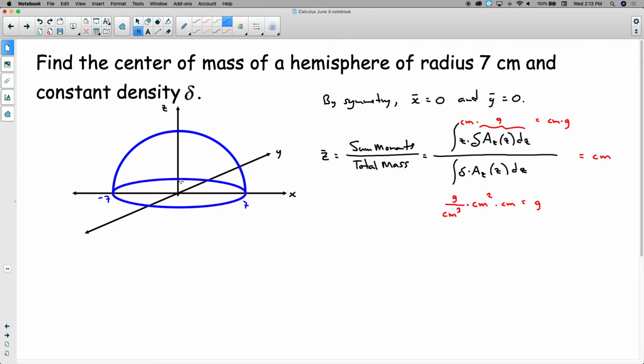This length is 7, that length is 7, they're all going to be 7. When I start drawing and getting you to remember some integral calculus volume scenarios, I'll be drawing a disk here, and the placement of that disk will be anywhere from 0 to 7. So those are the limits of integration.